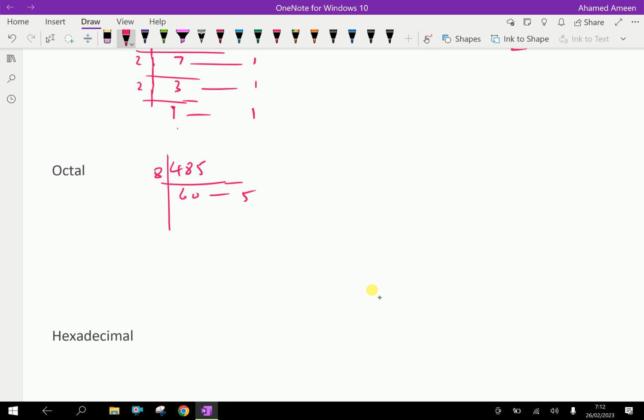Another 8, 8 sevens are 56, remainder is 4. Further, we cannot divide because 7 is lesser than 8, so we represent it like this, 745 base 8. In some computers, octal memories are there, octal representation.